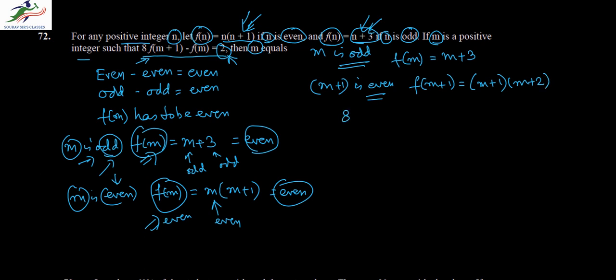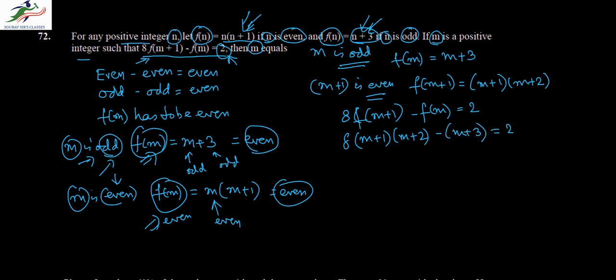Therefore 8 into f of m plus 1 minus f(m) is equal to 2 will become 8 into (m plus 1 into m plus 2 minus m plus 3) is equal to 2, or 8 into (m square plus 3m plus 2 minus m plus 3) is equal to 2.